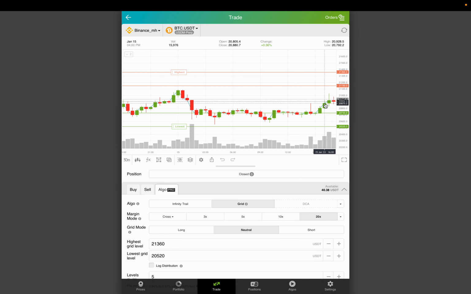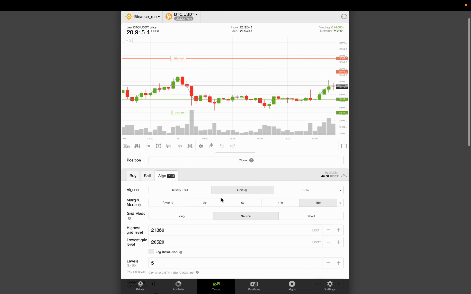Whereas if the price goes down, you'll buy 1 BTC here and 1 BTC here. When the price leaves the grid range here, your position will be plus 2 BTC, right? But again, if the price goes lower, you'll be losing money on the position of 2 BTC. So that's how a neutral grid would work.